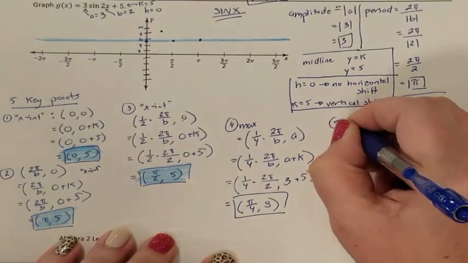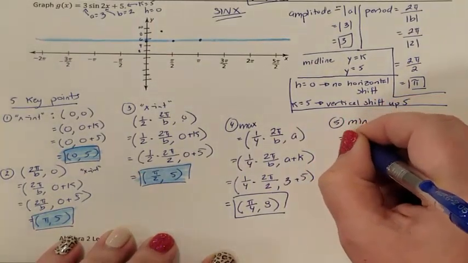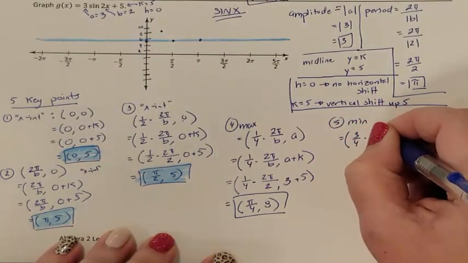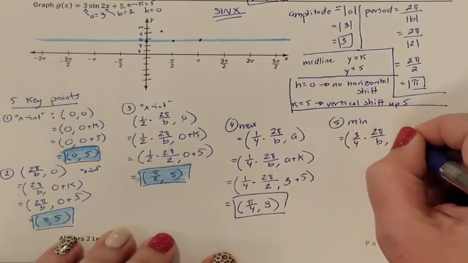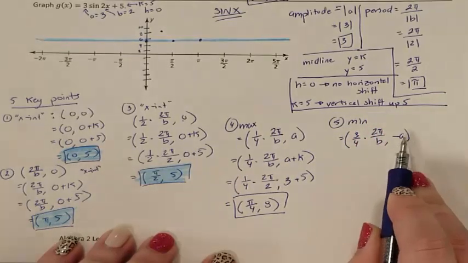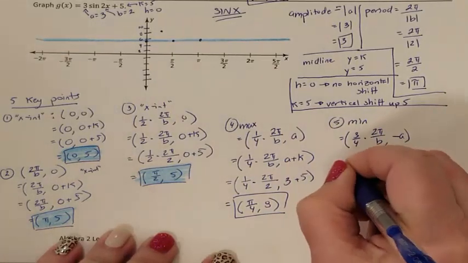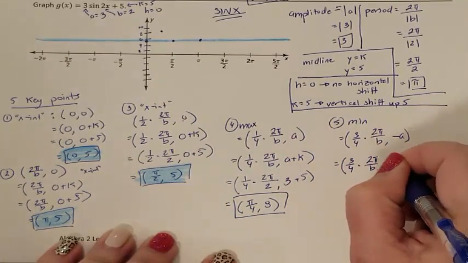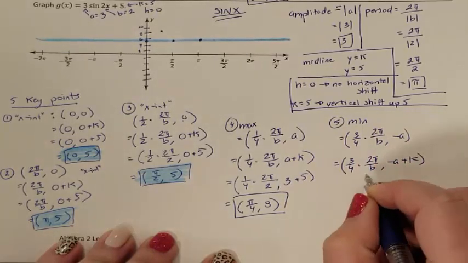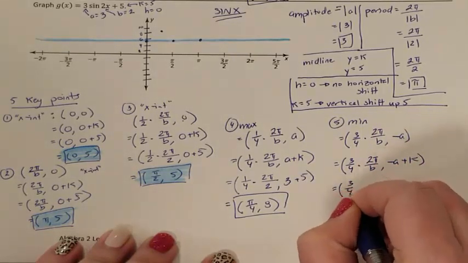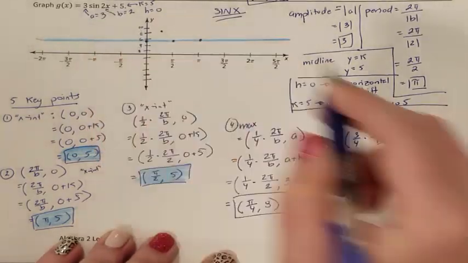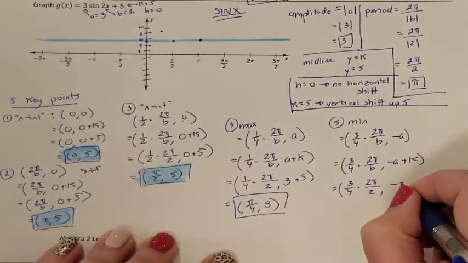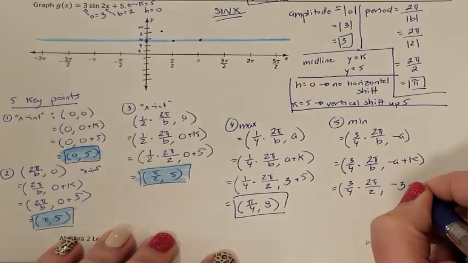And now my min is my 5th and final point. I have 3 pi over b over 4, 2 pi over b, negative a. The y value needs to have the vertical shift in it. So we need to make sure we have our formula that has the vertical shift in it as well. So my b is 2, my a is 3, and my k is 5.